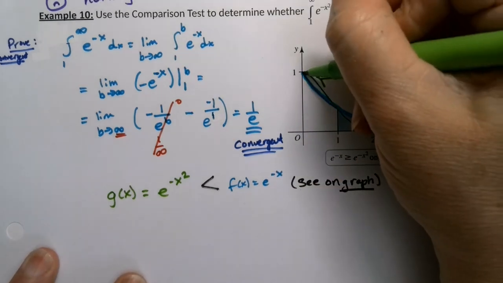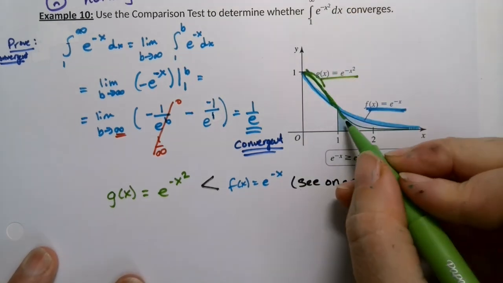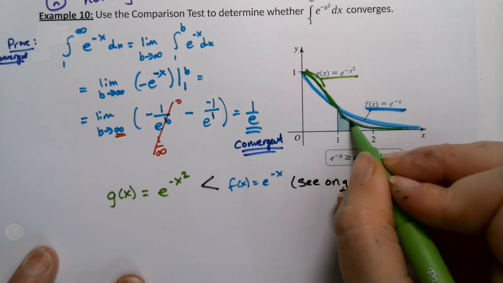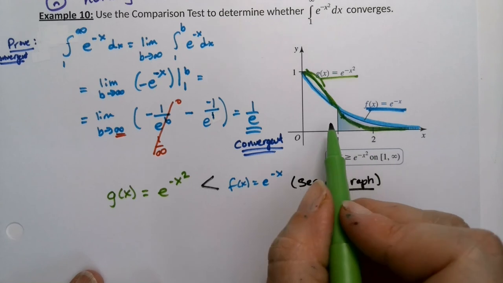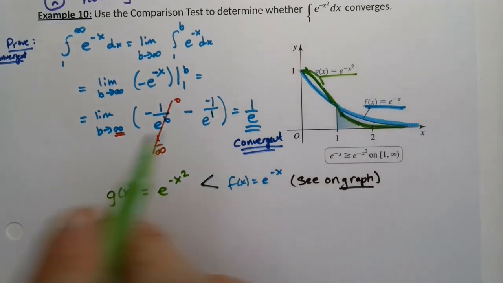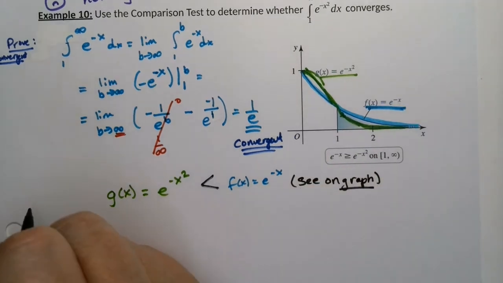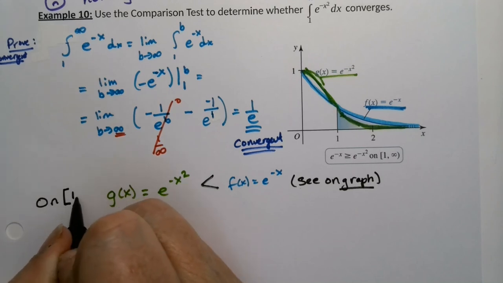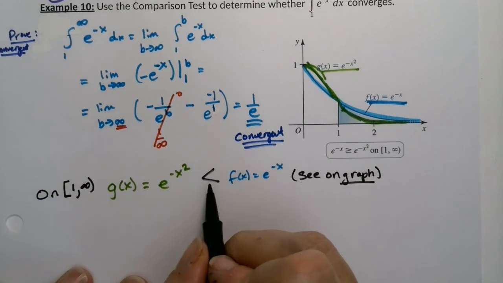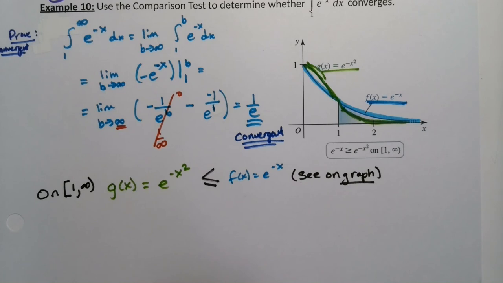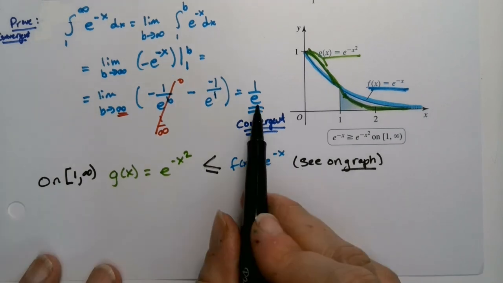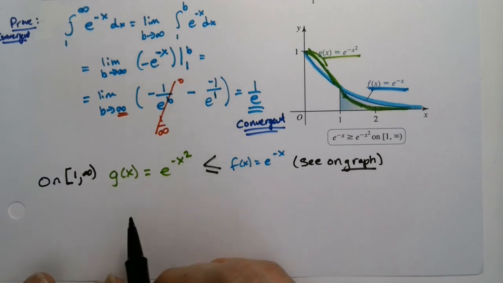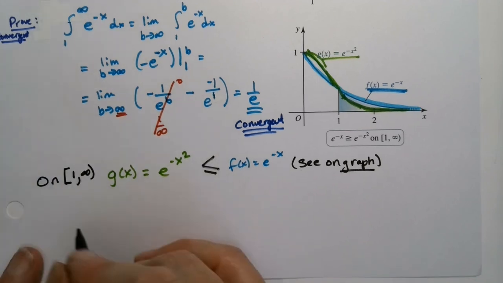From 1 on, this is a smaller graph, right? So on the interval from 1 to infinity, this is true. And therefore, since the blue one converges and we know it's larger, that means that g of x converges also.